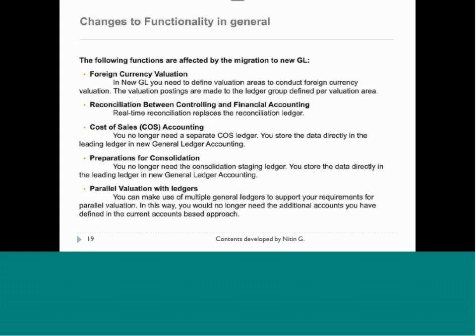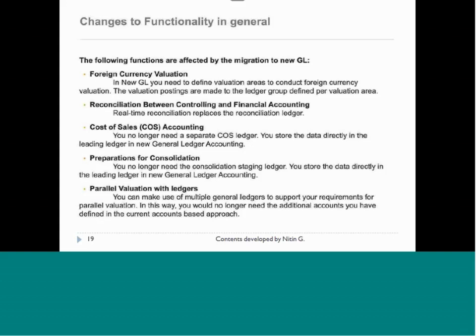Parallel valuation with ledgers. You can use multiple general ledgers to support the requirement, so for leading and non-leading ledgers. Like your company is US based, with a US fiscal year January to December, and an India fiscal year April to March. You can have two ledgers, leading and non-leading, and they can support those different fiscal years.